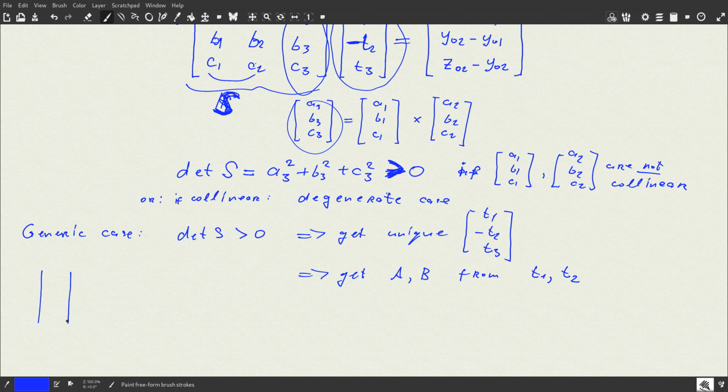How do we construct it in this case? What do we need to do? The points A and B are no longer uniquely defined, obviously, because you can take AB here, you can take AB in any other place.